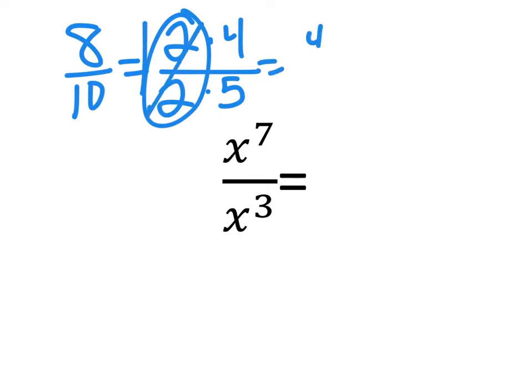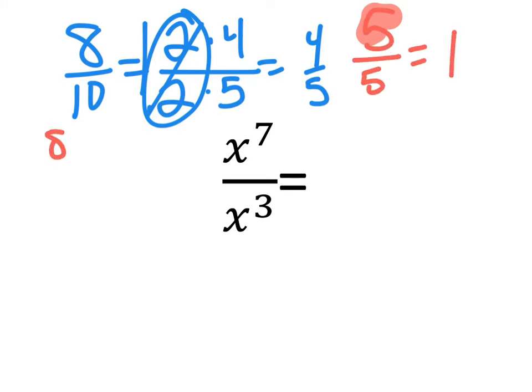So you get 4/5. Another way to look at this is that 5 divided by 5 would be 1, and 8 divided by 8 would be 1, and so would x divided by x. Anything divided by itself is 1.